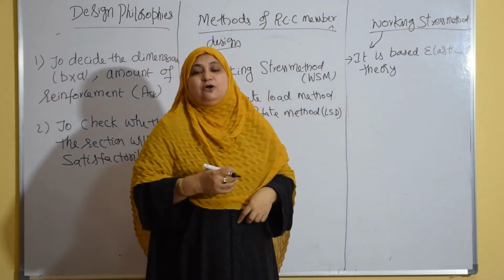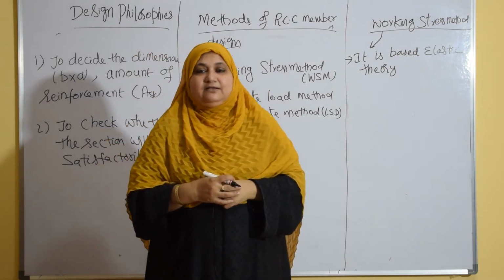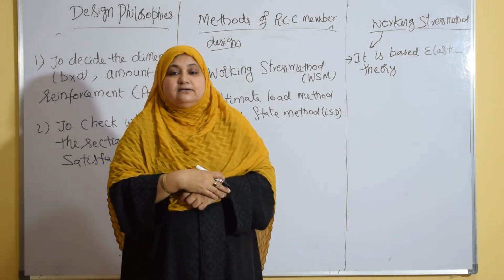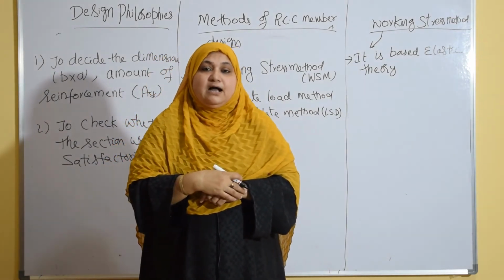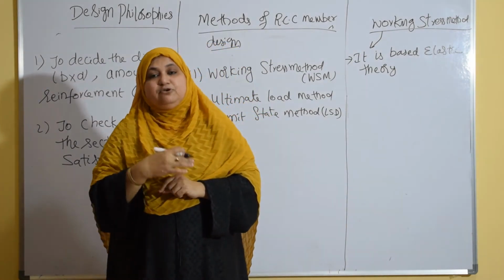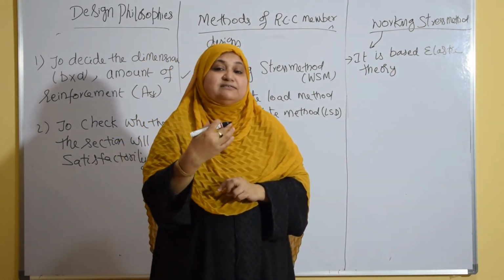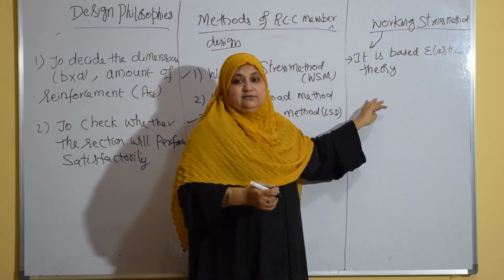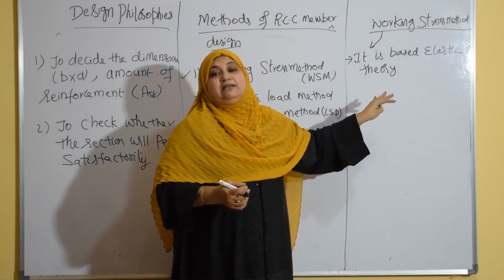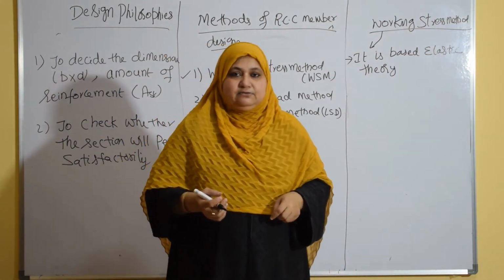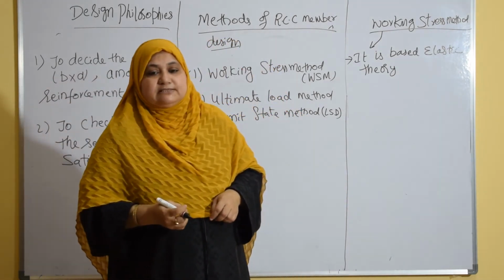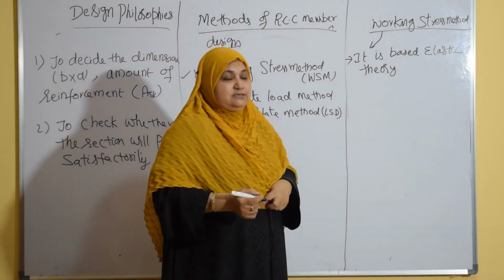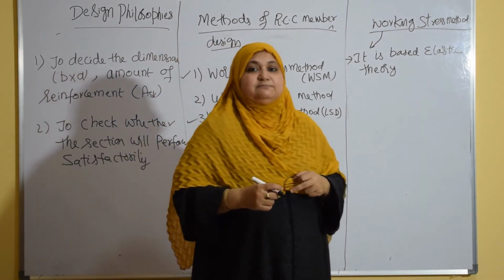Up to the collapse load, they are elastic, right? A few minutes ago I said that up to some point the material was elastic. Beyond that, the material was deforming and reaching the plastic range. But the working stress method assumes that up to the collapse load, the material behaves elastically. So this is the first assumption: stress and strain are directly proportional.